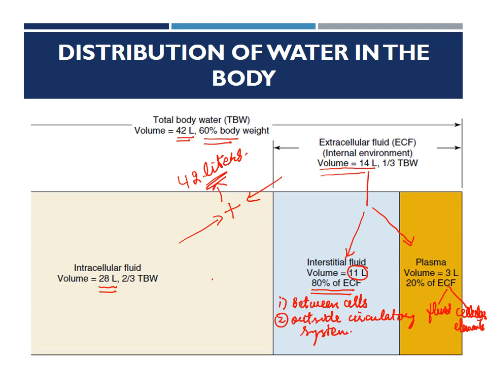And plasma volume is 3 liters, and plasma volume is composed of cellular elements and also fluid.